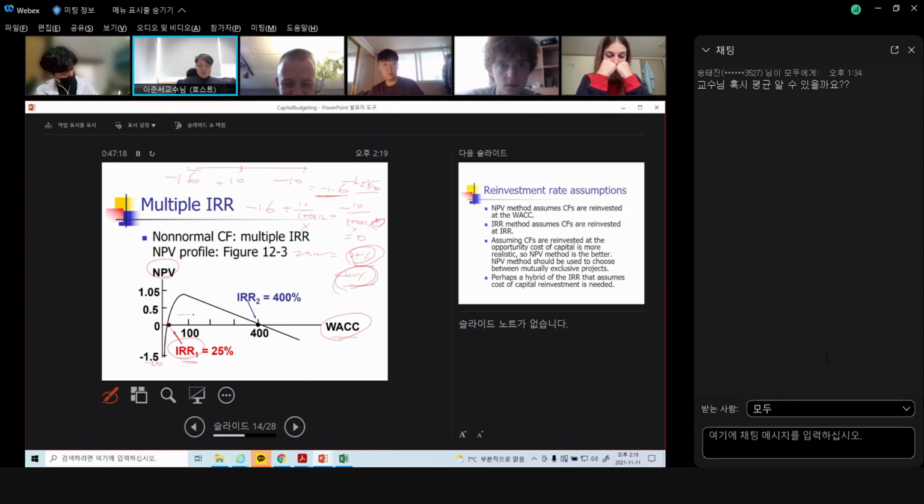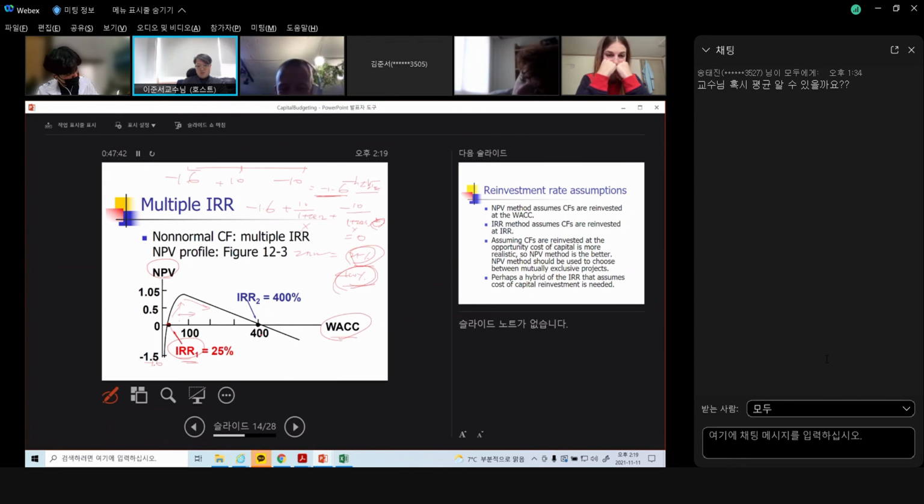As WACC increases, the NPV increases until 20%, 30%, 40%, something like that. After that, the NPV starts to decrease, and then we have another point where it intersects the x-axis, which is 400%, because the IRR is defined as the discount rate that makes the NPV equal to 0.